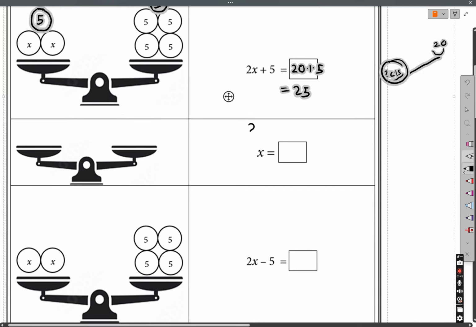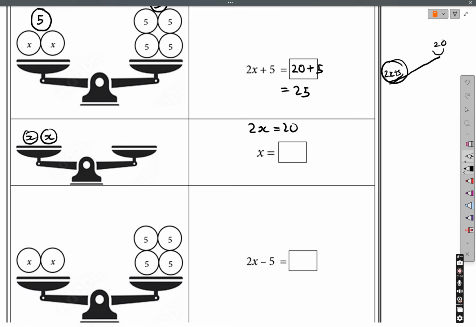Now, if I have 2x equals 20, and I take away 1x, I must also take away 1x on the other side.